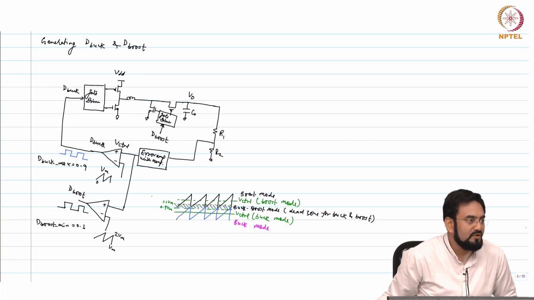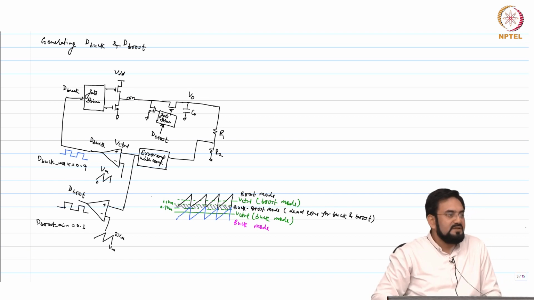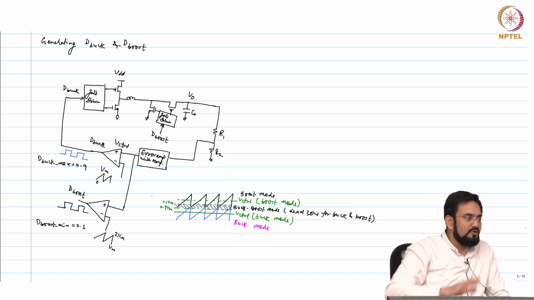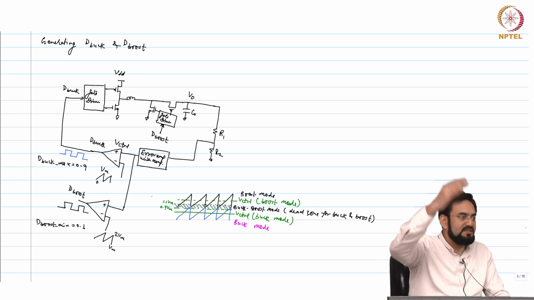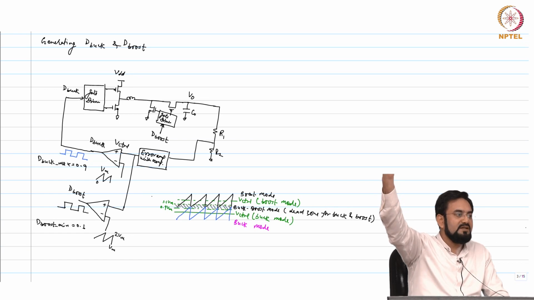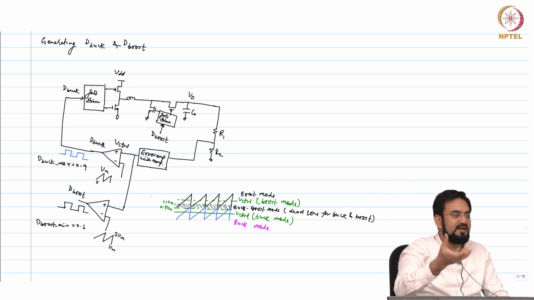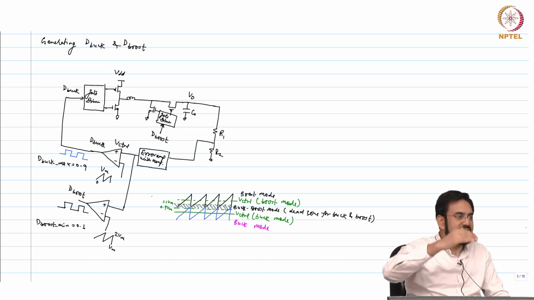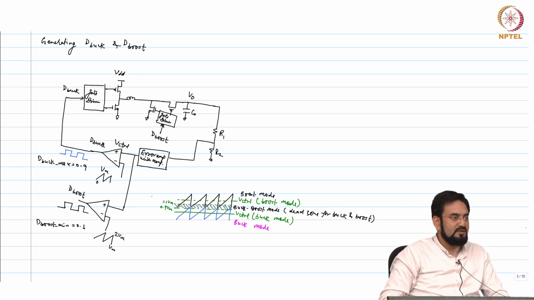You already have V control. After V control reaches 0.9 VM, you feed it in an ADC and generate the code. You know what the range from 0.9 VM to 1.1 VM is, that is already known. So you can resolve where the V control is and generate the code. So you will get the code.